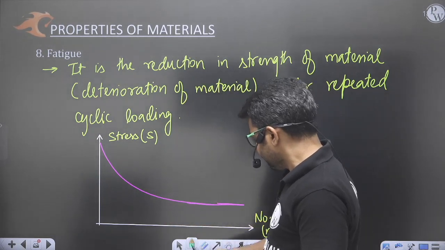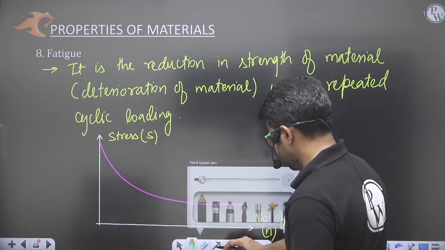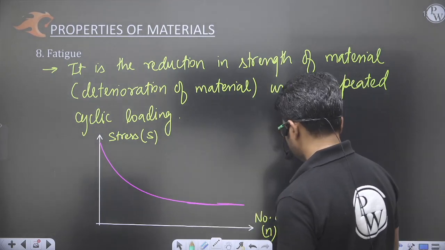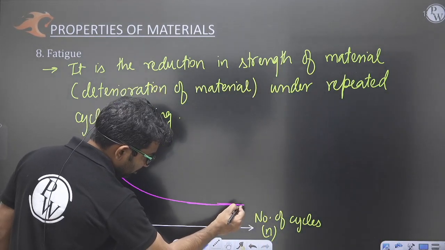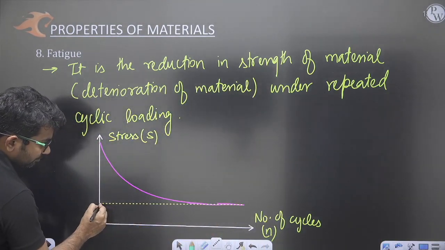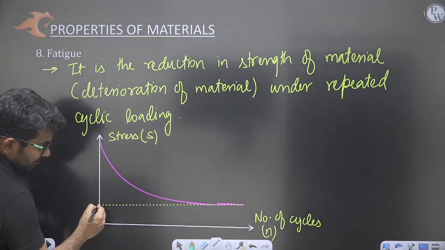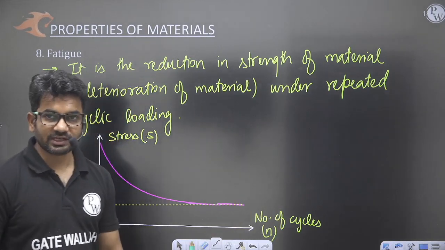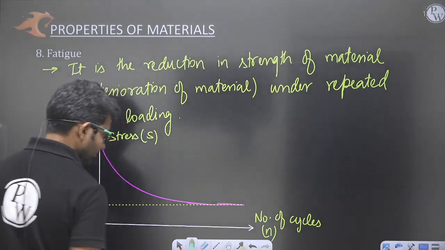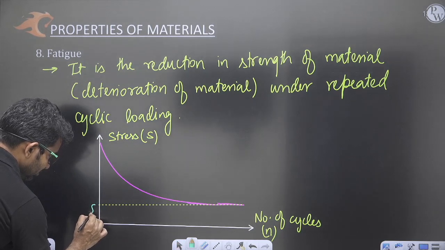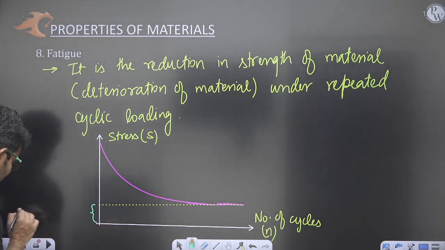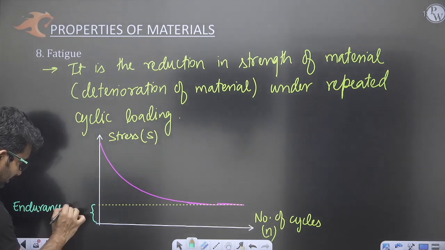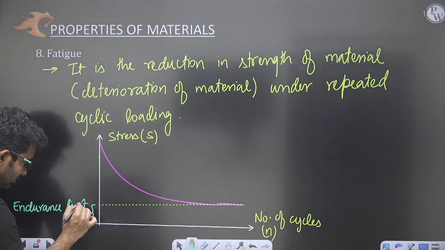There will be some value of stress below which the material will not fail even if I apply an infinite number of stress cycles, and that value is called the endurance limit or fatigue limit.